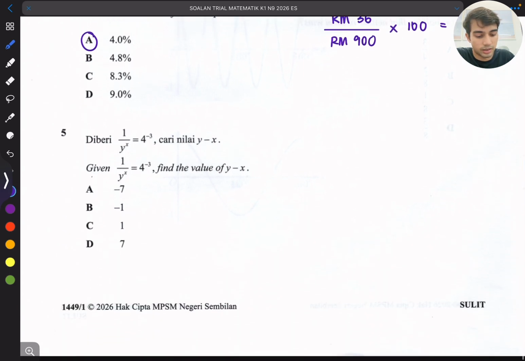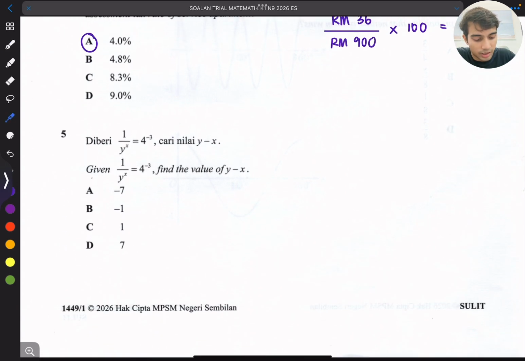Alright. Next. Given that y this is this, find the value of y minus x. Okay. Whenever we have 1 over a, we can write this as a power negative 1. This 1 over will become negative.